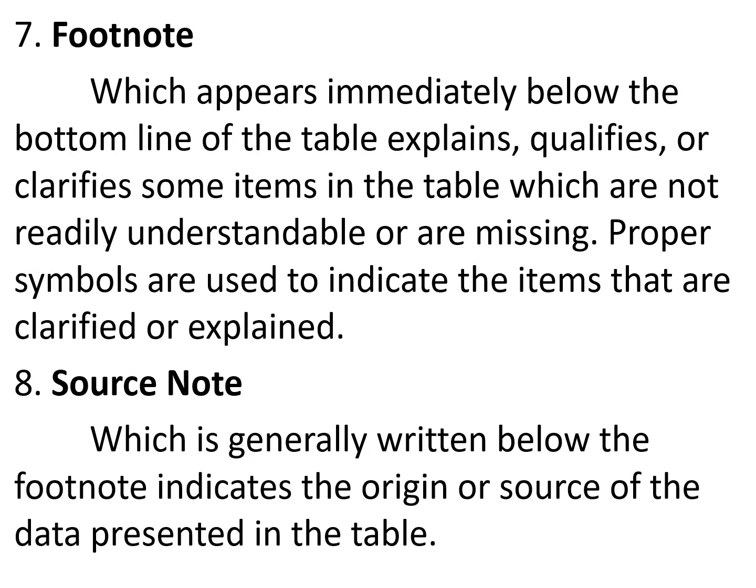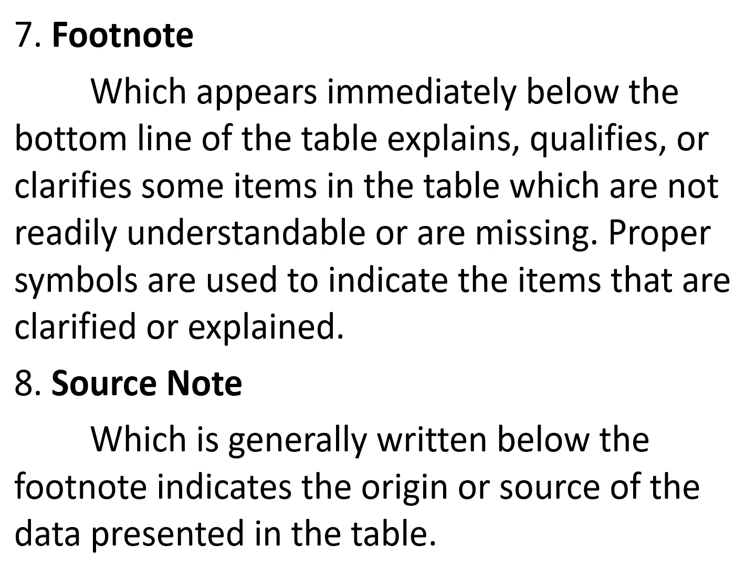For footnote, although we are not using footnote, this is part of the topic. It appears immediately below the bottom line of the table, explains, qualifies, or clarifies some items in the table which are not readily understandable or are missing.